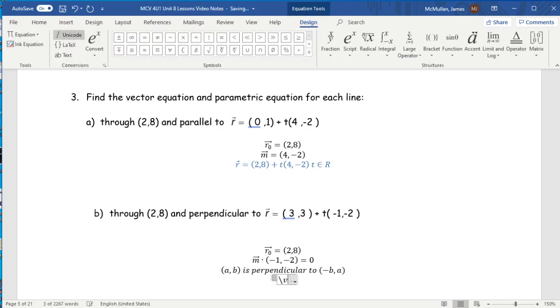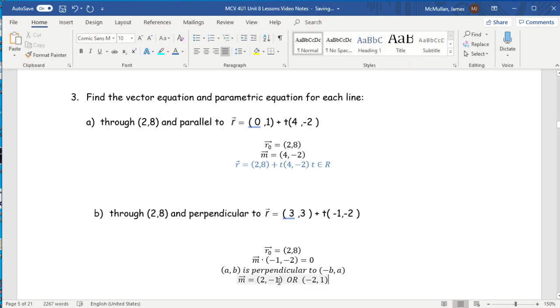So for example here, I'm going to say our vector m is 2, -1. I could just as easily say it's 2 positive, -2 or +1. It doesn't matter. Both of those are the same direction. This one says go 2 right and 1 down. This one says go 2 left and 1 up. They're opposite vectors, but for what we're doing, which is scaling them by an infinite number of numbers, it doesn't matter which one you choose.